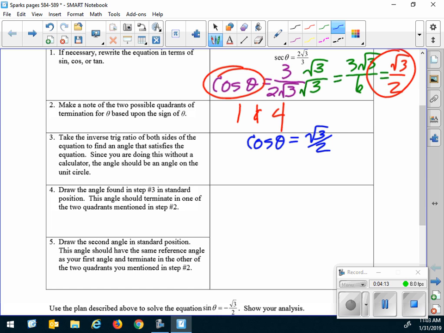The inverse function of cosine is cosine inverse. Reciprocal is secant. Inverse is cosine inverse, which is on your calculator. It's the blue version of the cosine button. Now, you don't need it for this one, though, because this one said to do it without a calculator. I just want to make sure you know where that button is, and I think we've used it a little bit, haven't we? So, on a problem like this, you don't need to use it.